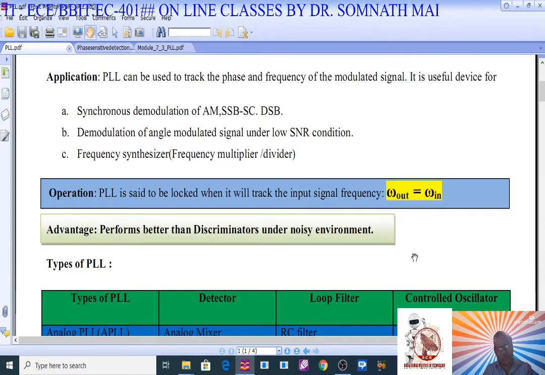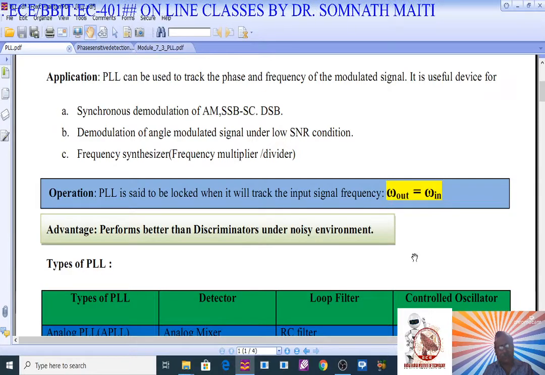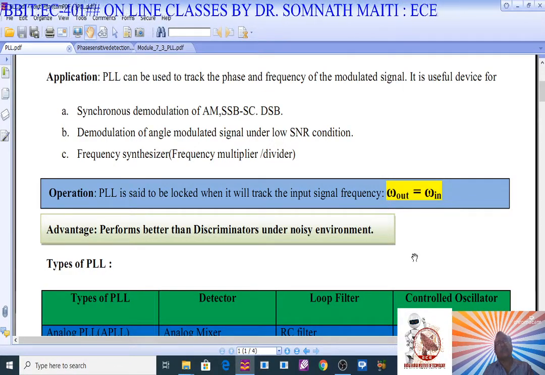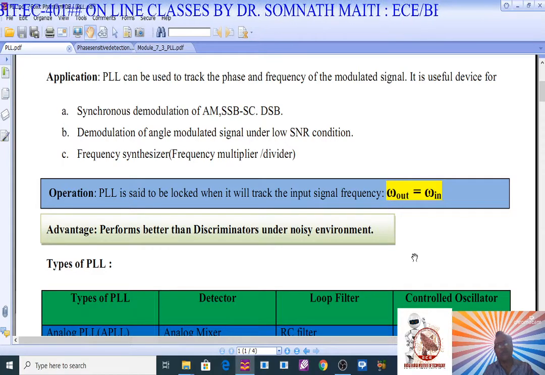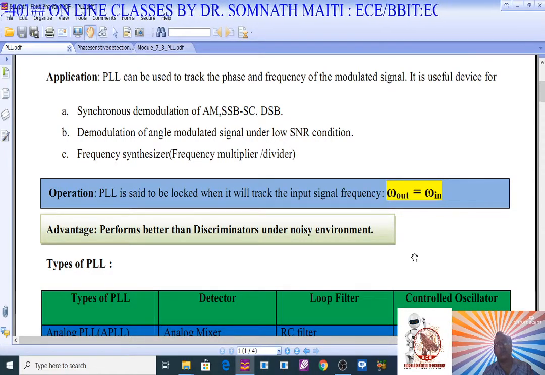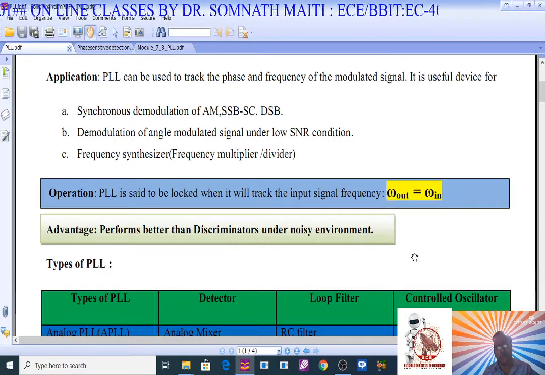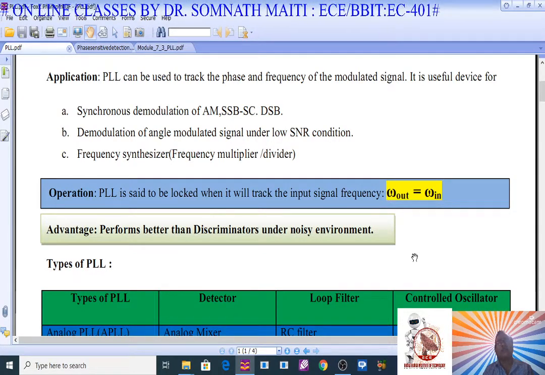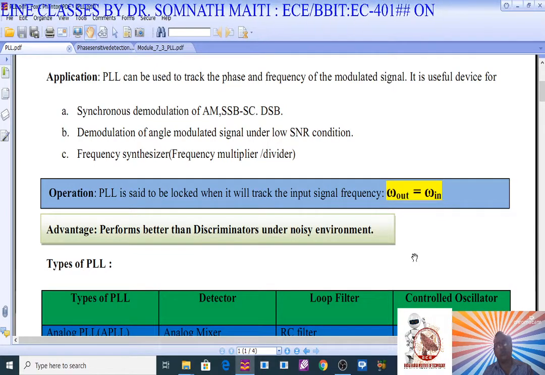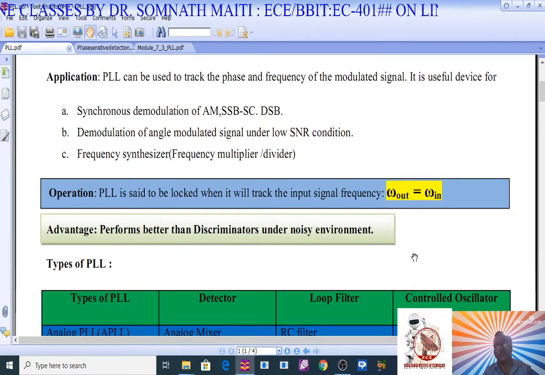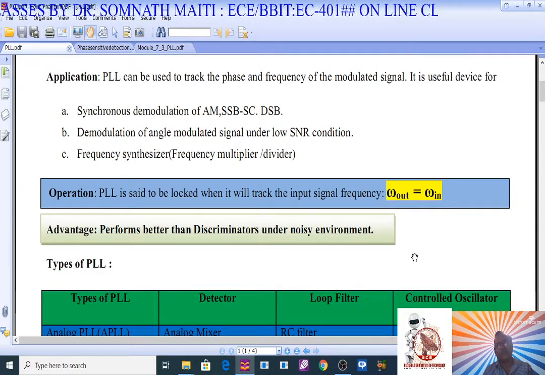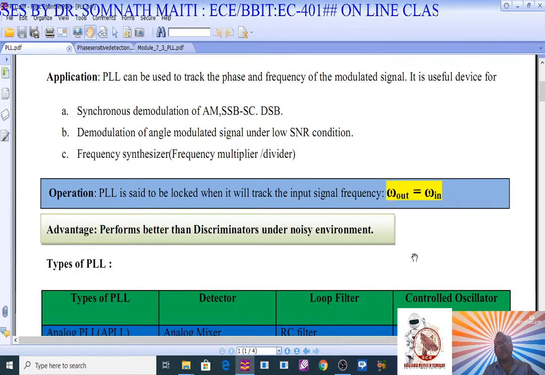It is said to be locked if the PLL generates a frequency exactly equal to the incoming signal frequency: W_in equals W_out, where W_out is the frequency generated by the PLL. Now one point I want to mention: it is called phase locked loop, but still it is locking frequency. Why? The basic idea is that the rate of change of phase is frequency.